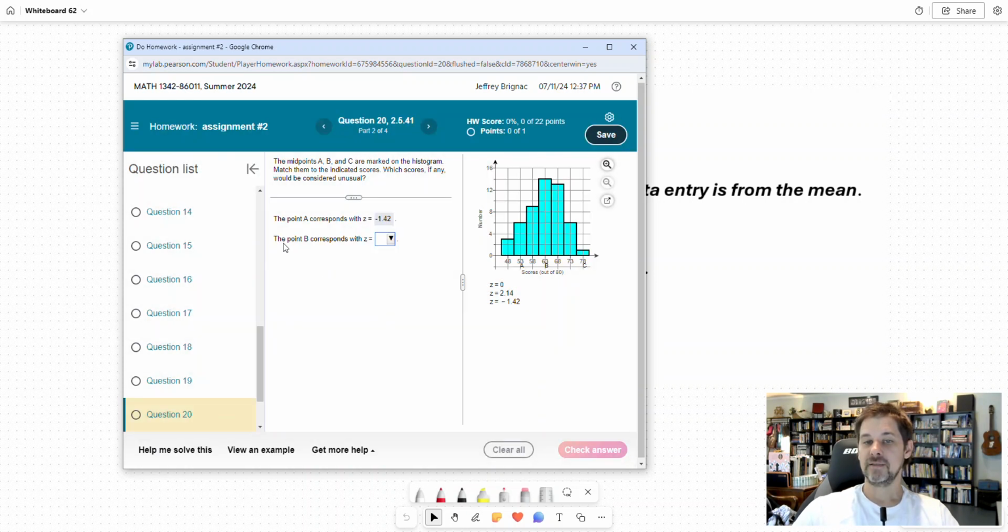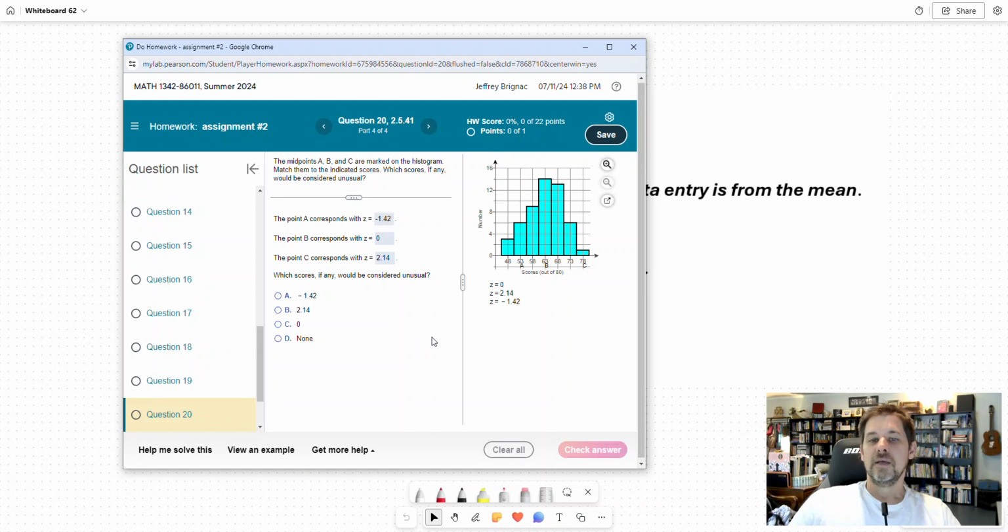Point B is in the middle, and if one of these points has to have a z-score of 0, it can't be the ones not in the middle, because the mean has a z-score of 0 and the mean is roughly in the middle of the data set. So it's got to be 0. Point C is the only one above the mean, so it has to have a positive z-score. It can't be 0 or negative 1.42. It's got to be 2.14.